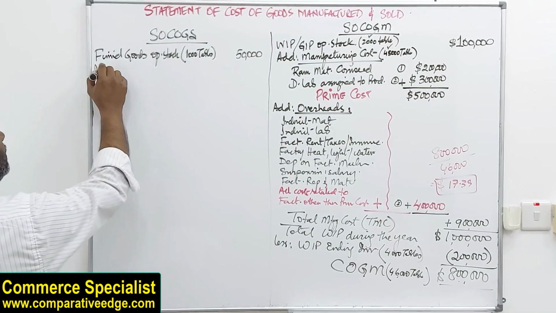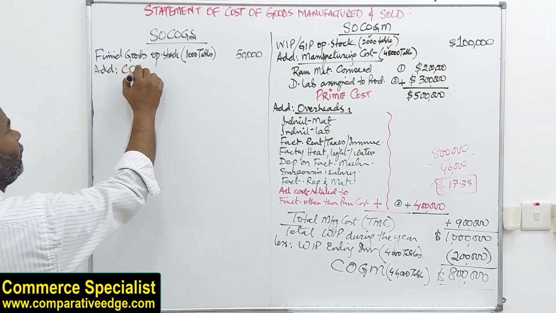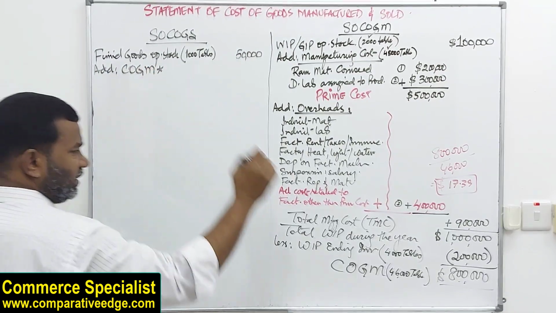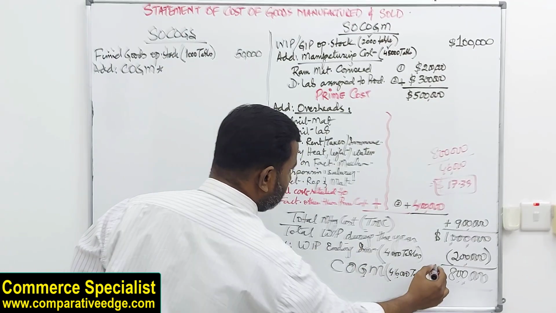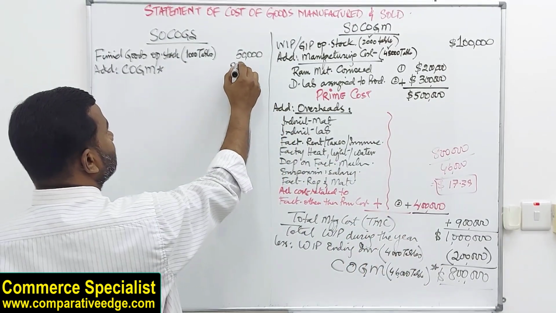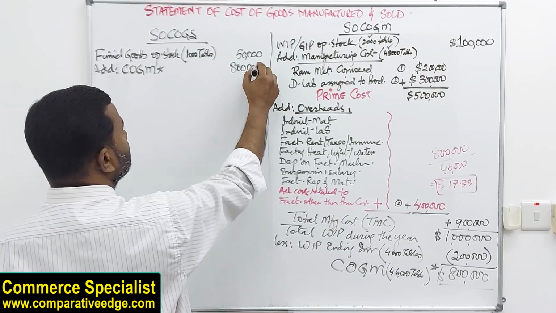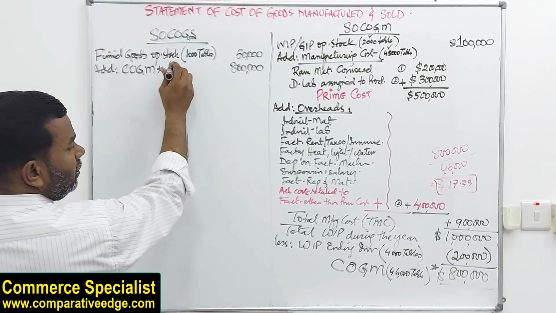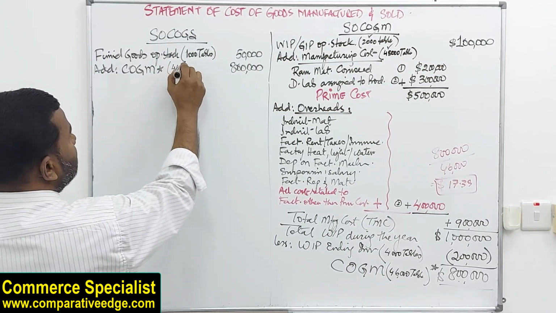Then add cost of goods manufactured, and it's coming from here, 800,000. And this is actually 46,000 tables.